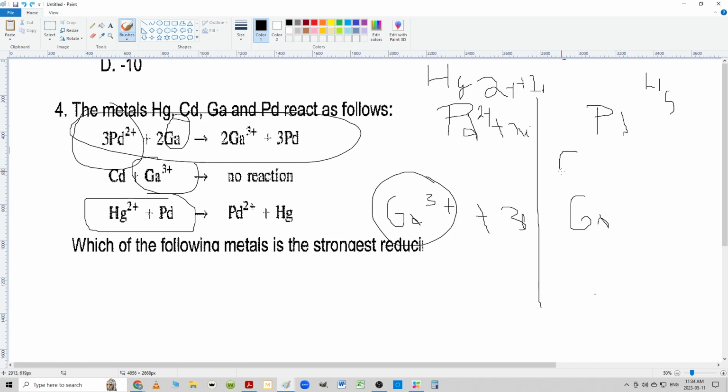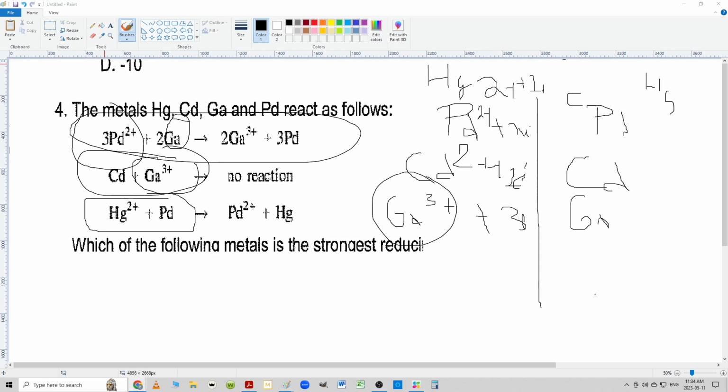If it doesn't, it's up here. The problem with that analysis with no reaction is it can be up here and up here as well. We just know Cd in relation to Ga. Let's assume they want us to do it in order. That means Cd is on this side, and Cd2+ plus 2 electrons is going to be that.